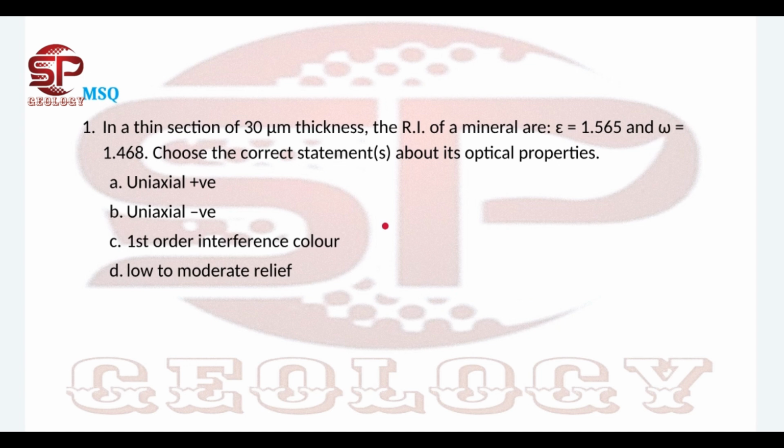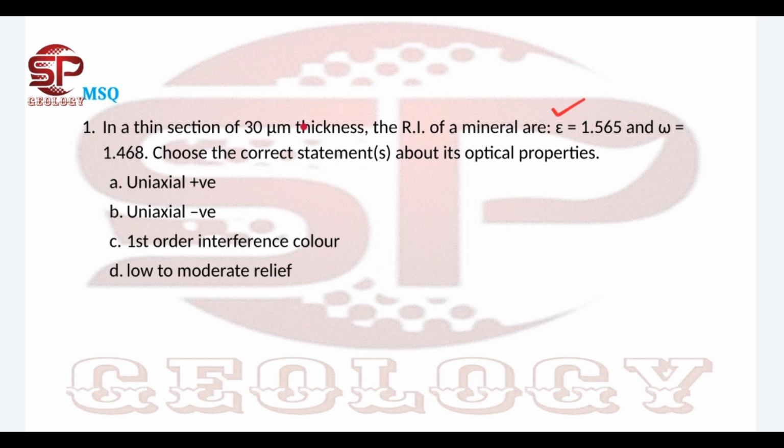Then comes the MSQ question. In a thin section of 30 mm thickness, the RI of mineral R, epsilon is given 1.656 and omega is given 1.468. So you have to choose the correct statement or statements about the optical properties.